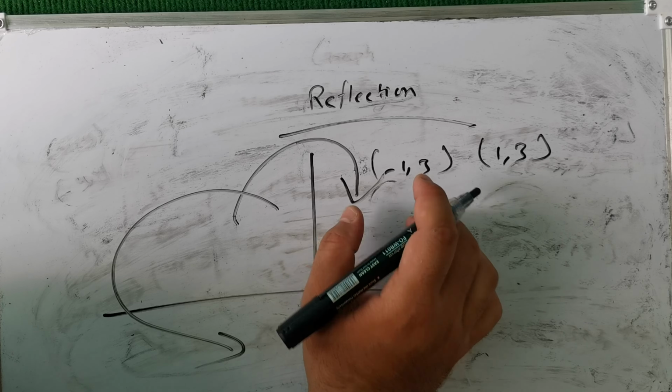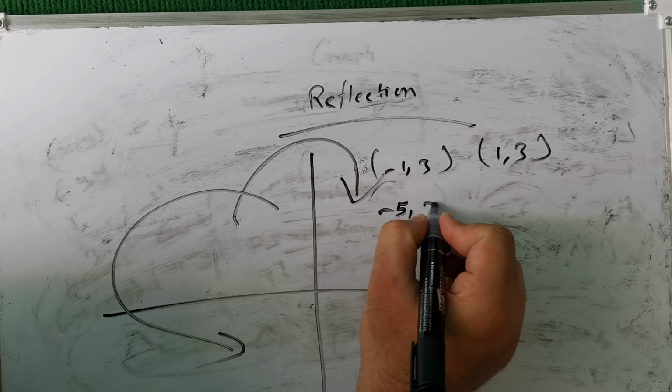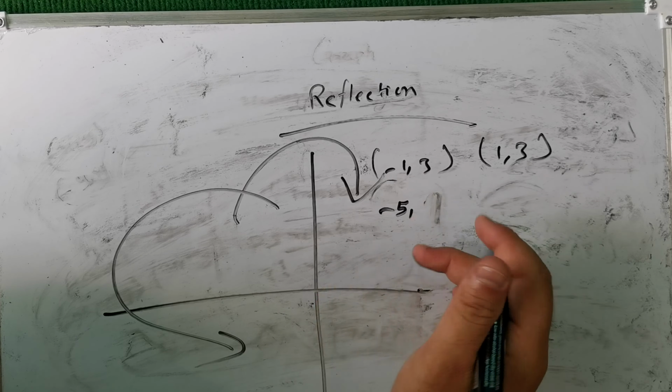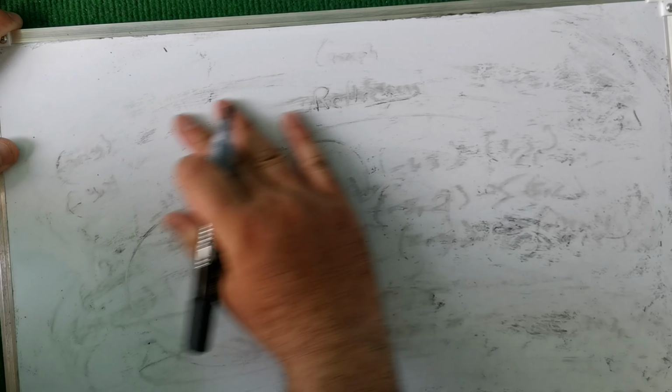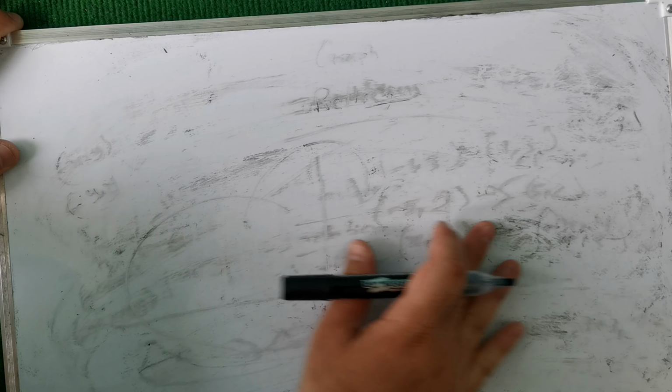If the point is this and it becomes (5, 2), that means if (x, y) is the point, it becomes (-x, y). Please guys, if you don't understand anything, please let me know in the comment section. I will make another video for that, or a detailed video on that topic.